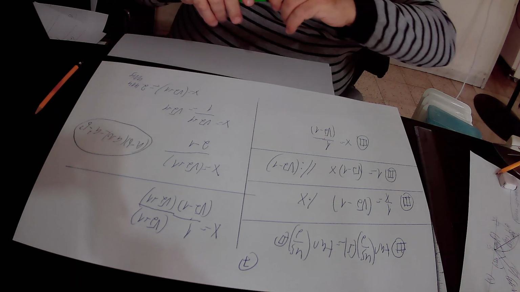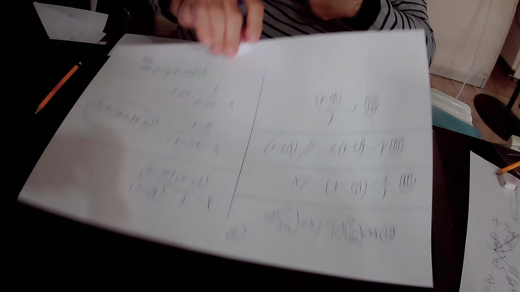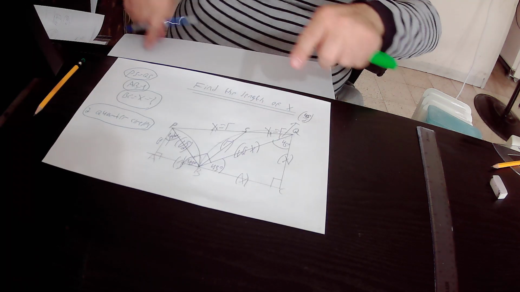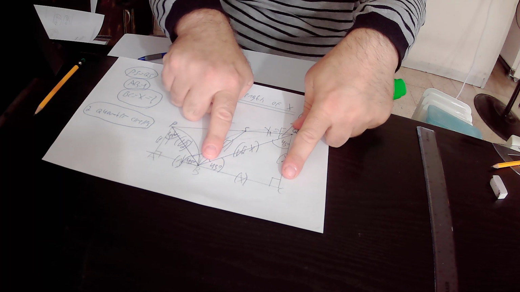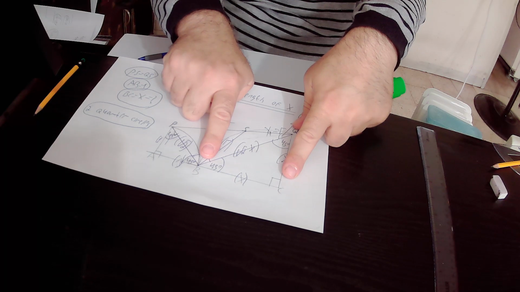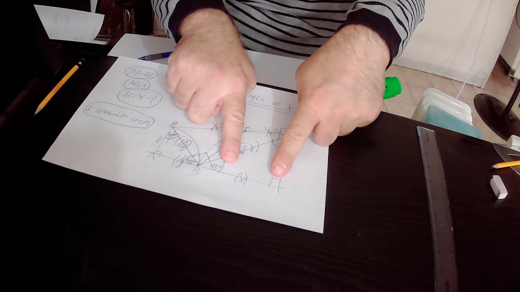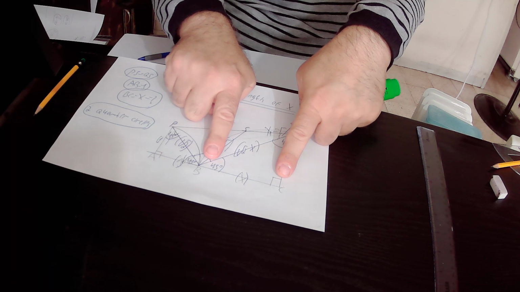I'll repeat again. The length of this line segment BC is equal to x. This equals either the square root of 2 plus 1 units, or in terms of numbers, 2.414 units. A little bit less than 2.5 units.